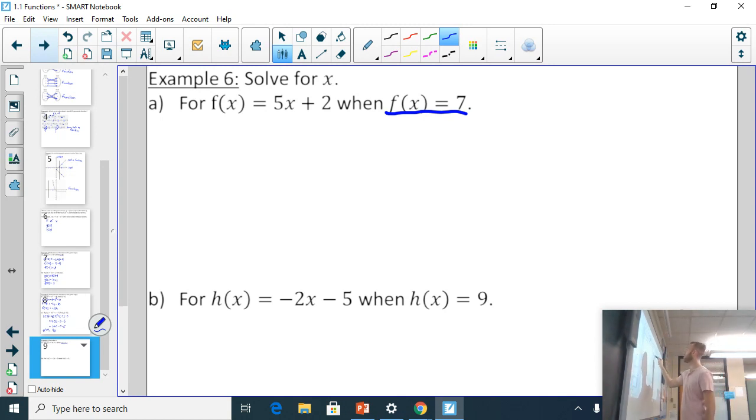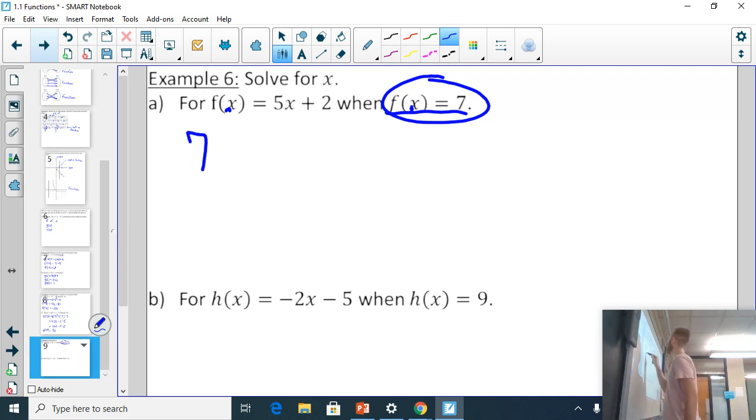It is telling you that f of x itself is 7. F of x equals 7, they're one and the same, right? If f of x is 7, 7 is f of x. So, since f of x is 7, that's what this is telling me, I'm going to replace it with 7.